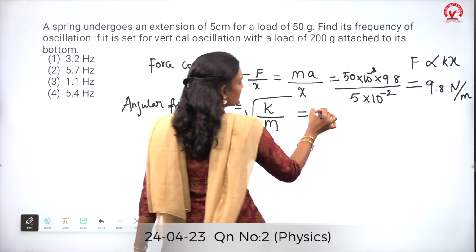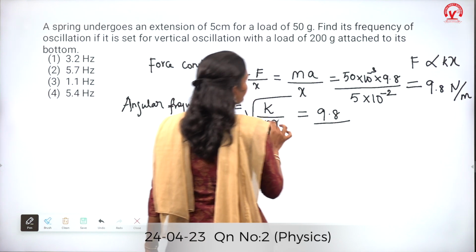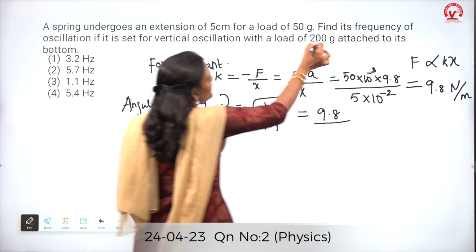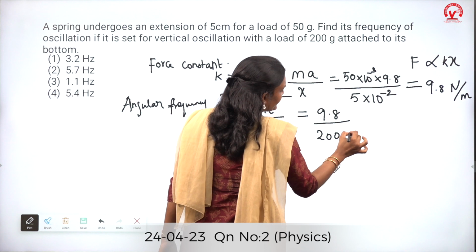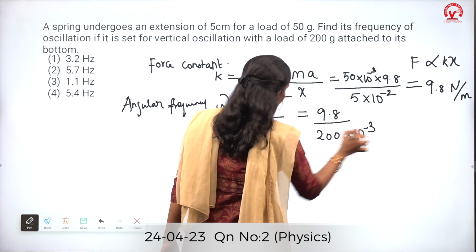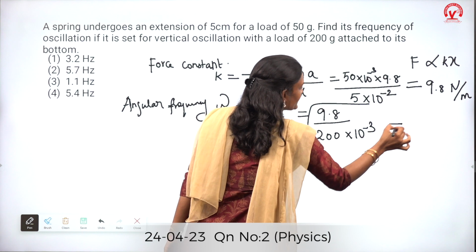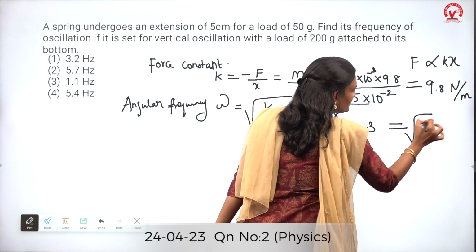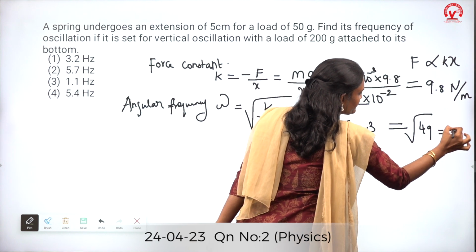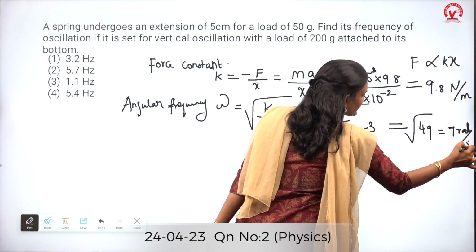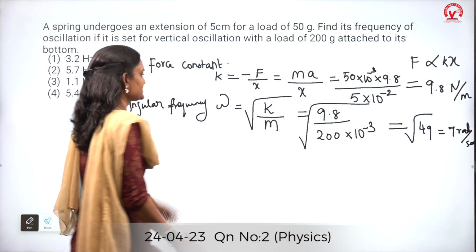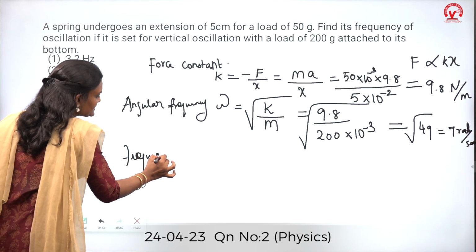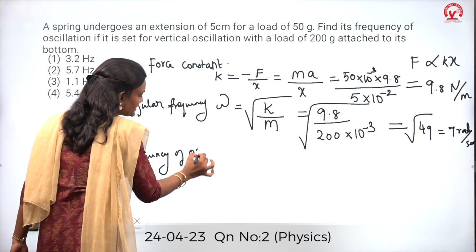K we got as 9.8, and the mass attached to its bottom is 200 grams, so 200 into 10 power minus 3, all under square root. On substituting, you will get root 49, that is 7 radian per second.